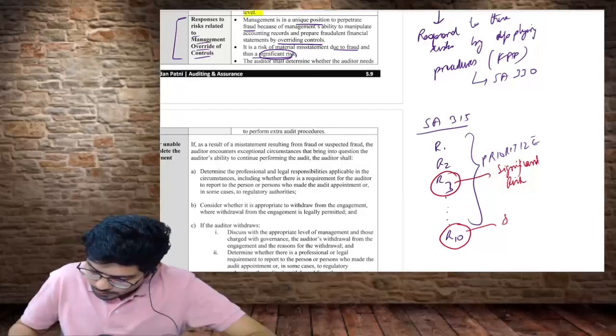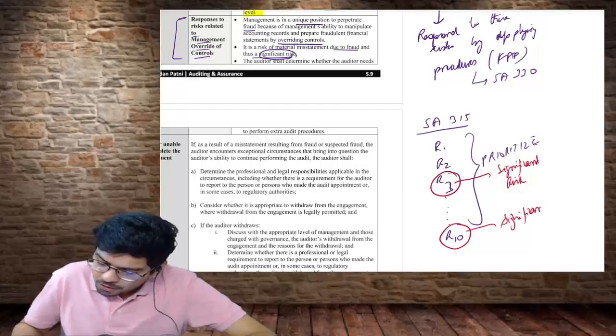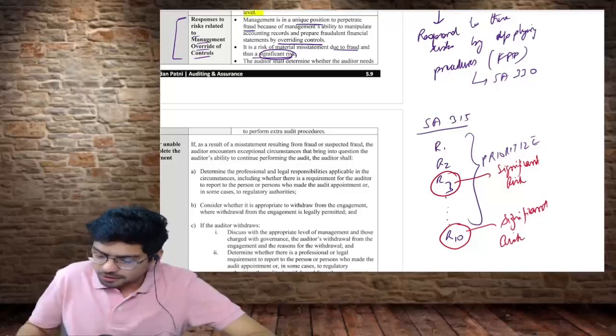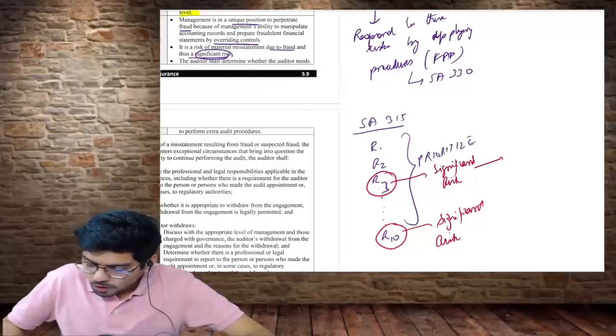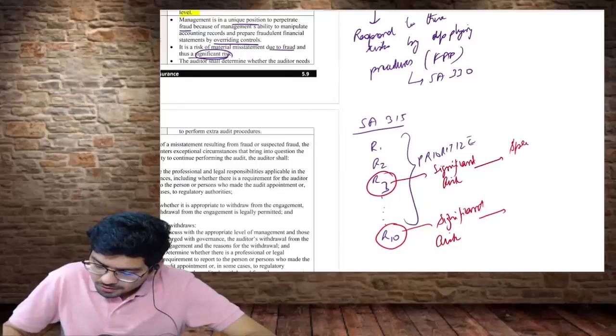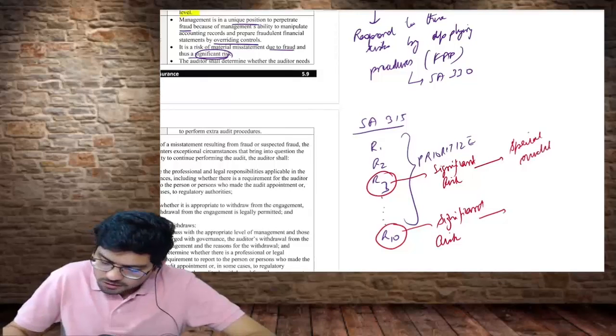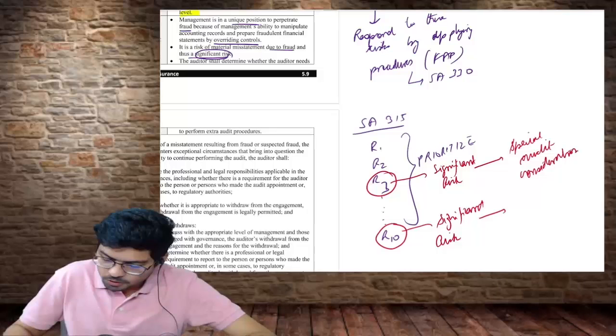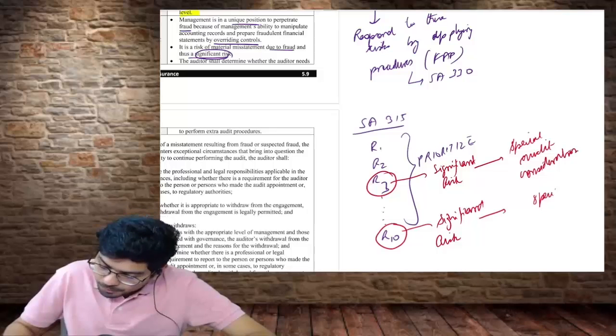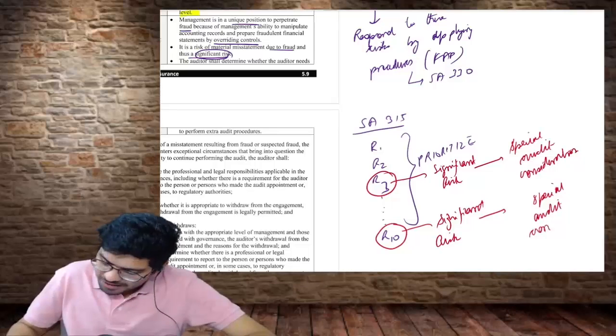Significant risk. And how does the auditor deal with the significant risk? Exactly, special audit consideration.